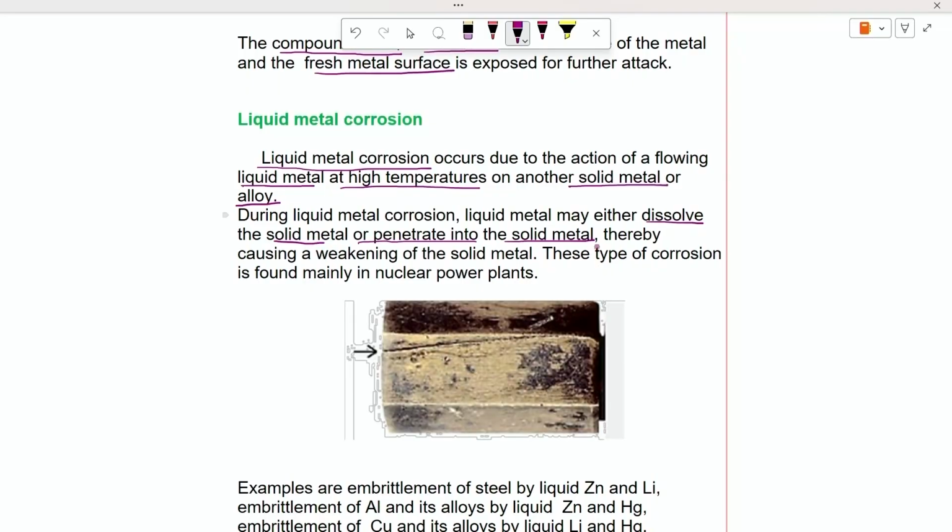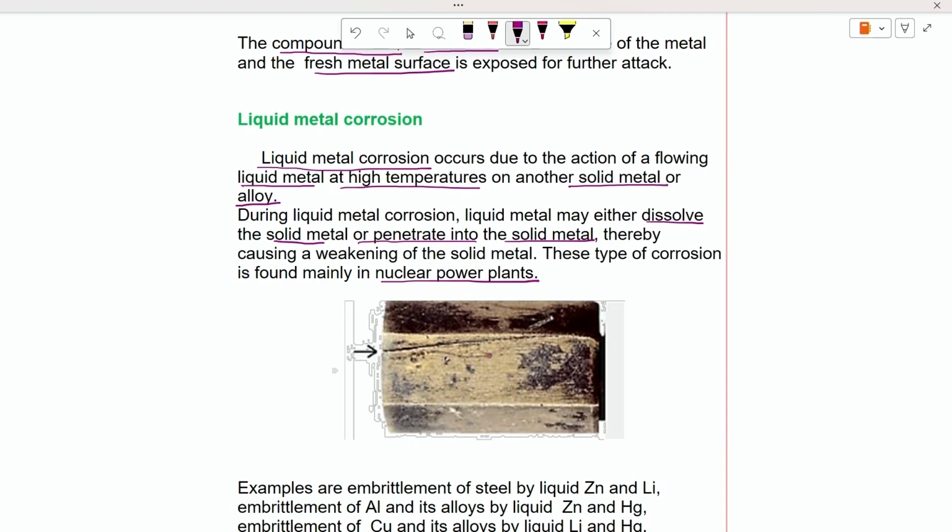When something penetrates in, the strong bonding is lost, and therefore there will be a weakening of that solid metal, either dissolving or penetrating into. And this type of corrosion is mainly found in nuclear power plants, where they are using liquid metals.